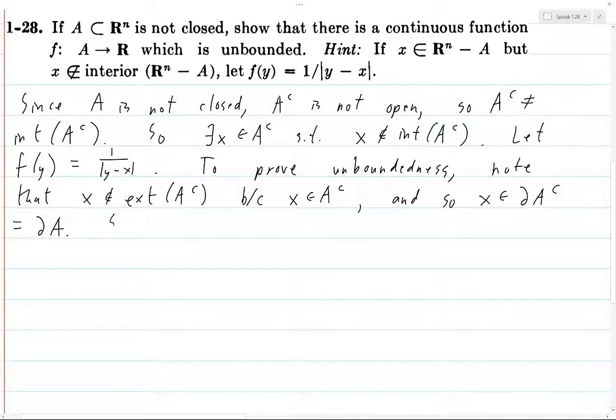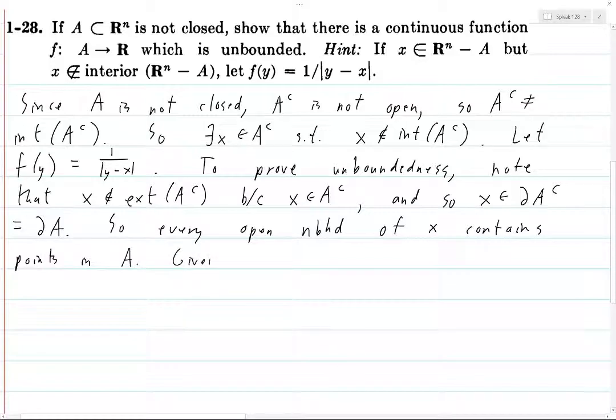Okay, so every open neighborhood of x, and by an open neighborhood of x, I really just mean a rectangle containing x, contains points both in A complement and in A. So in particular, it contains points in A. Given any m greater than 0, we want to find some y such that f of y is greater than m.